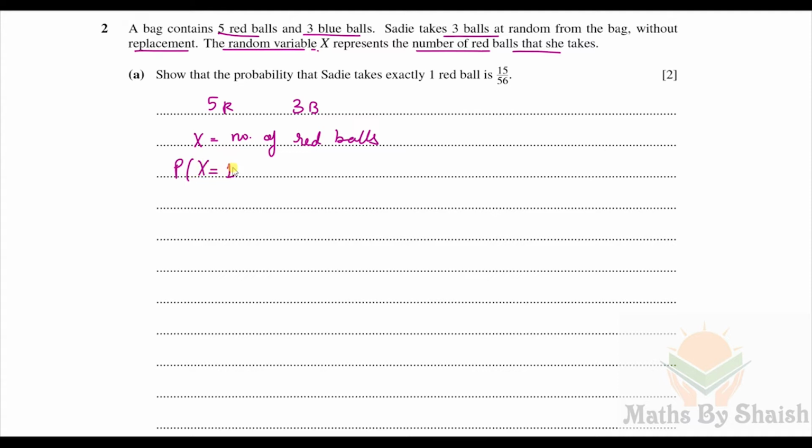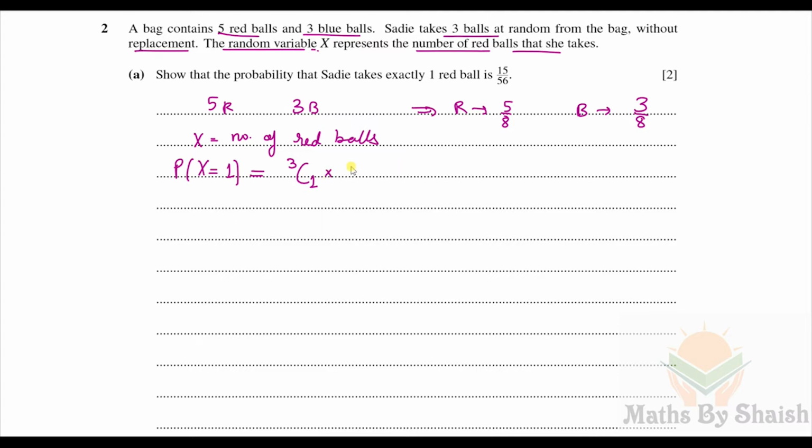First of all 3C1, I will focus on the red ball, and of course the probability of getting a red ball is 5 over 8, and getting a blue ball is 3 by 8. Now 3C1 because one time we require a red ball.